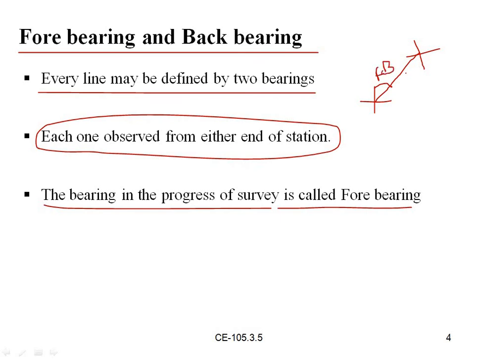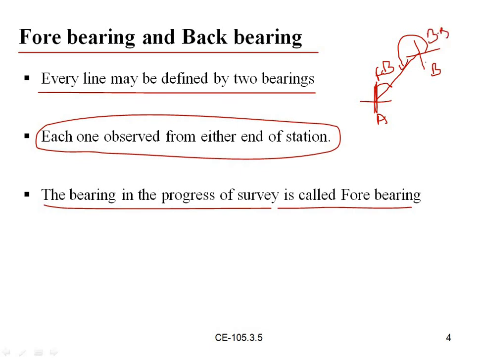forebearing. Suppose this is A and this is B. From A to B we have sighted a point, and from B to A if you sight again, this is called back bearing.